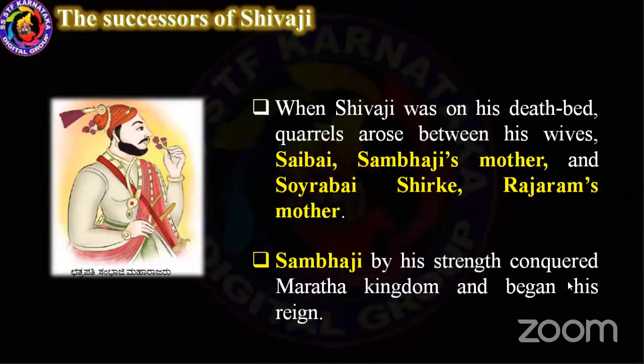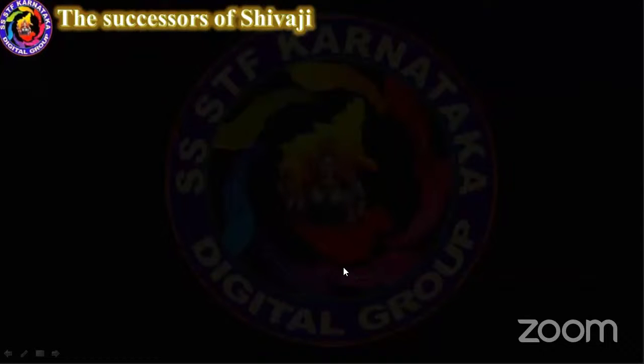Sambhaji by his strength conquered the Maratha kingdom and began his reign. Sambhaji was stronger than Rajaram, therefore he succeeded in defeating his brother Rajaram and took the authority in his hand and started to rule his territory.